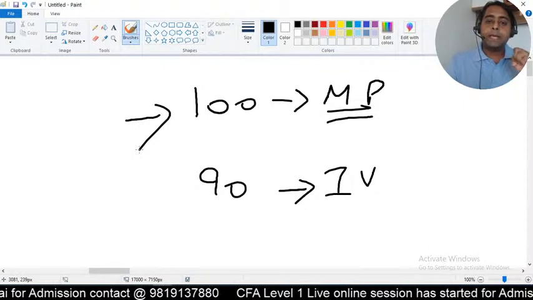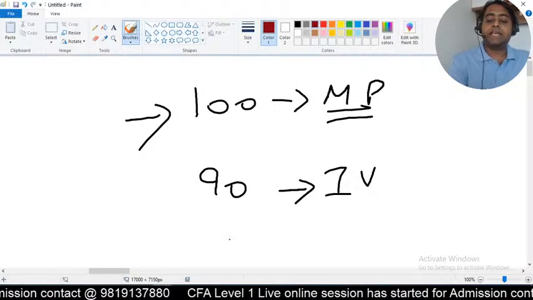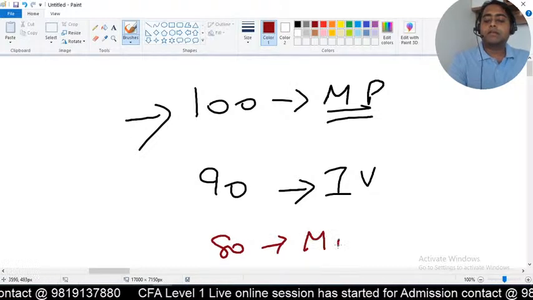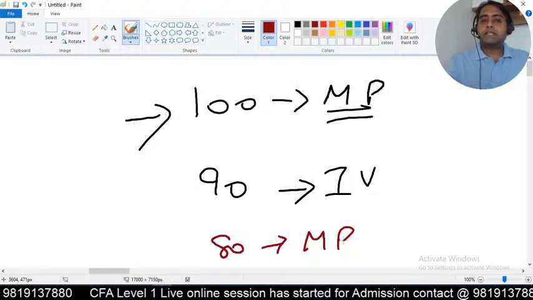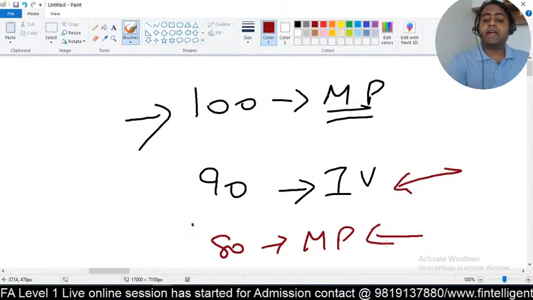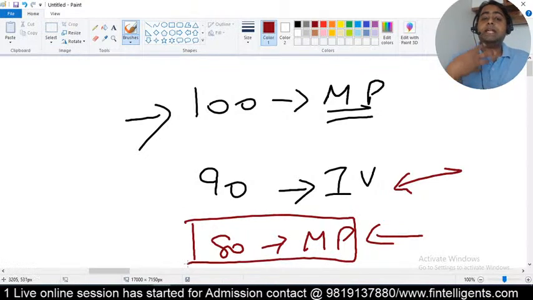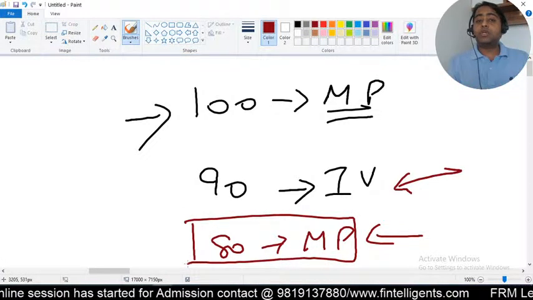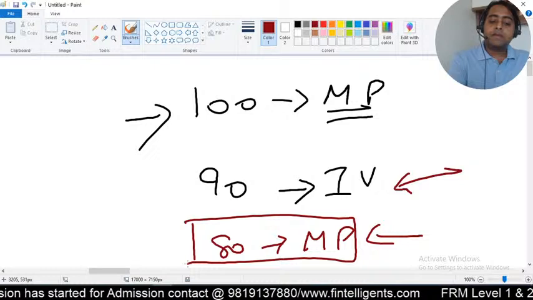True value is only 90. But suppose the same asset is selling at 80, right, you realize okay, the actual value should have been 90, but right now it is selling at 80, I will buy it. So you can take that decision on that basis. That is a very, very core thing that you will do, obviously, because of the valuation logic.